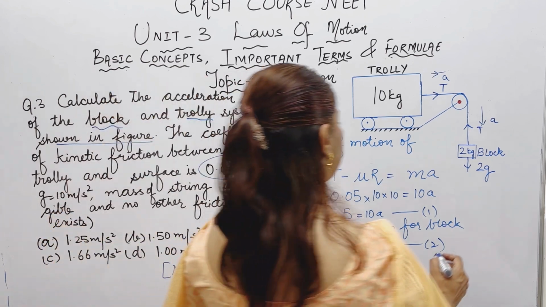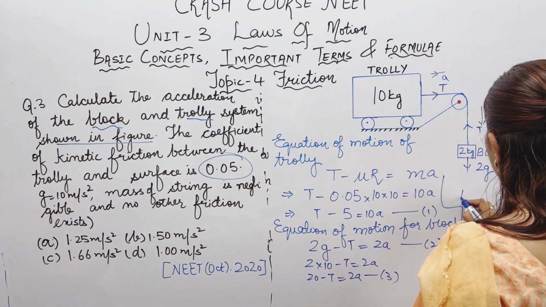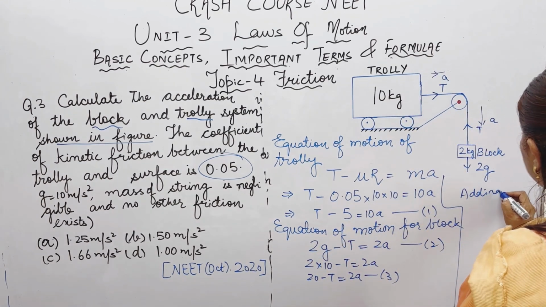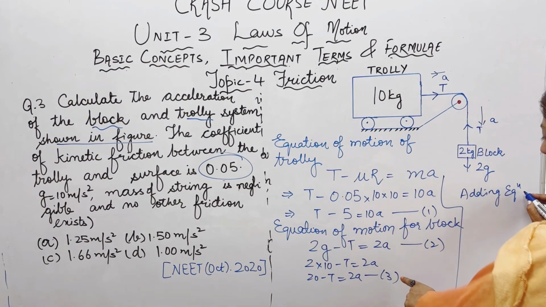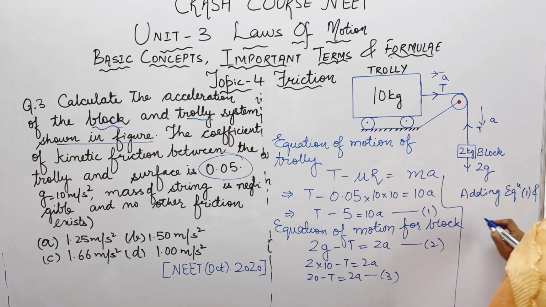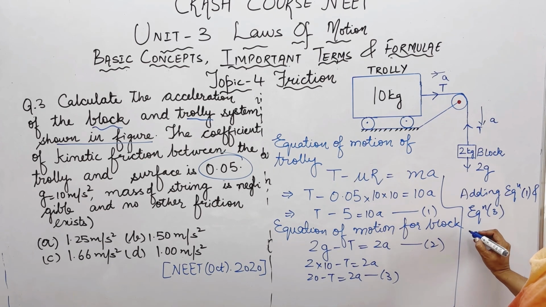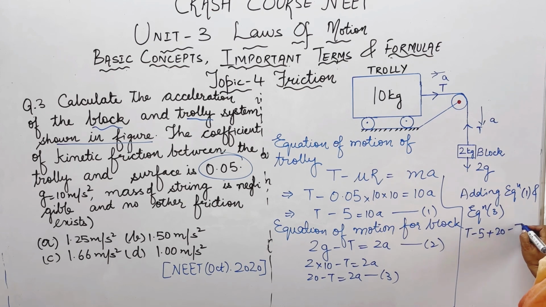Adding equation 1 and equation number 3, we have T minus 5 plus 20 minus T is equal to 10a plus 2a.